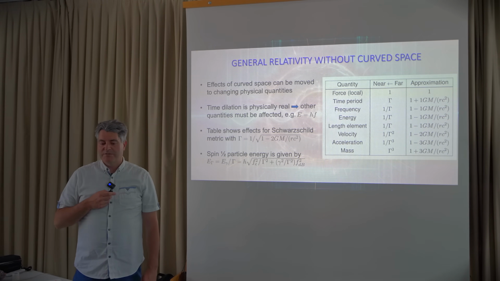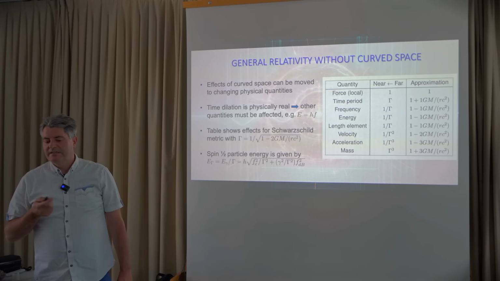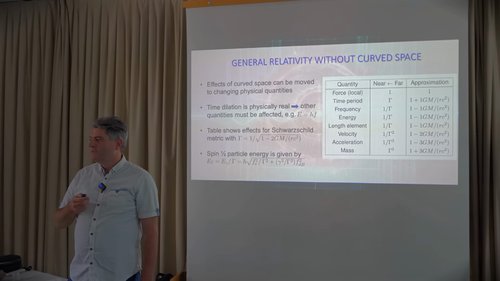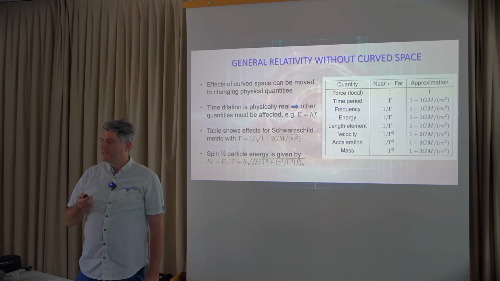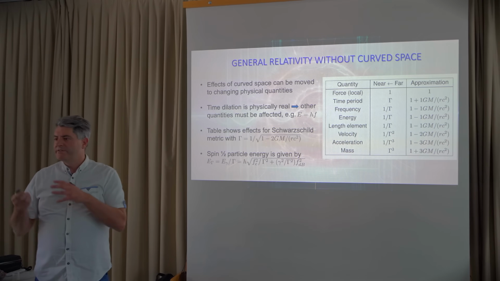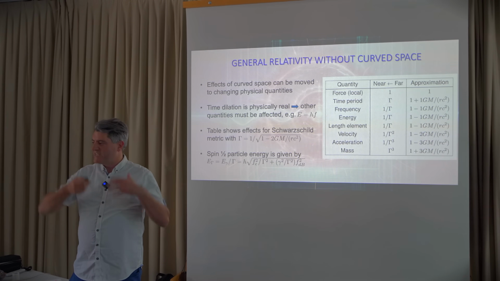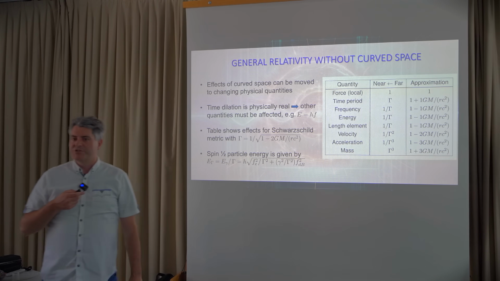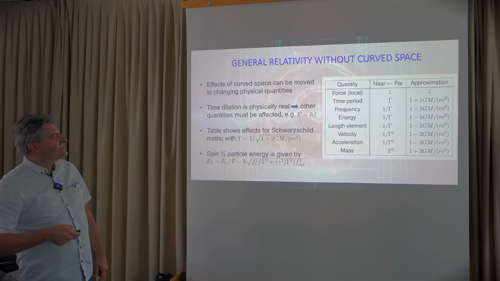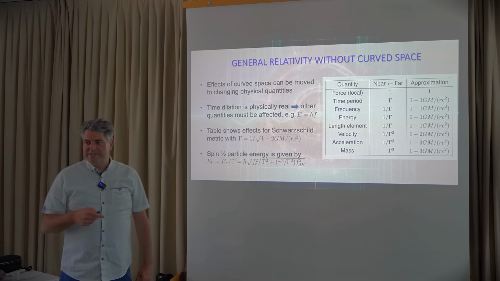I start with an example. We all know that there is gravitational time dilation. But if there is gravitational time dilation, and that is physically real, then energy must also be changing in a gravitational field. What energy means, the gauge for energy, also has to change. And if energy changes, a lot of the other quantities have to change too.